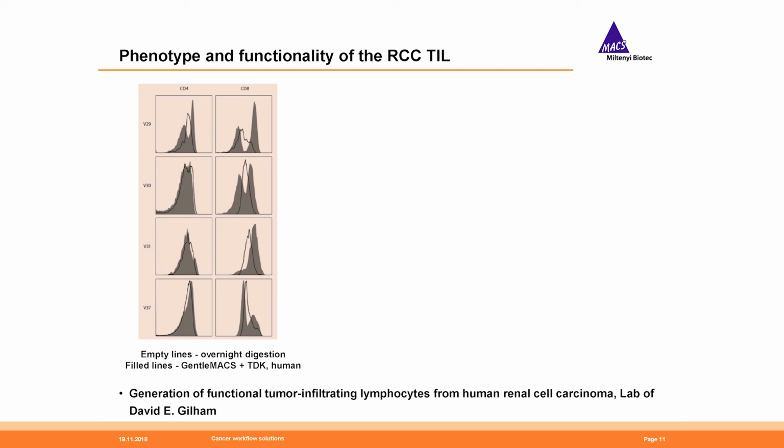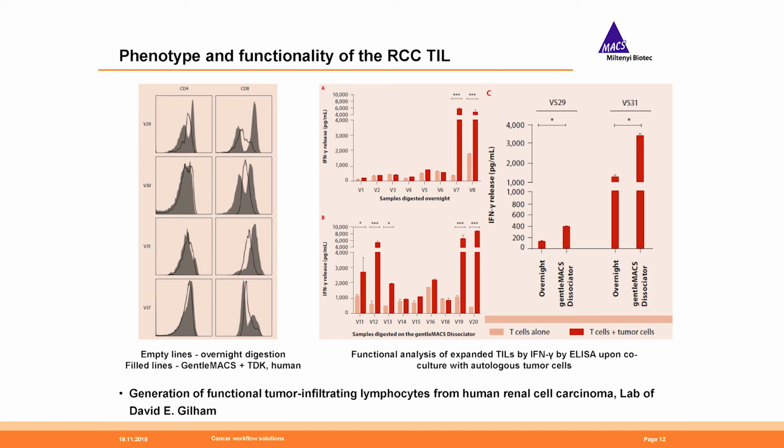Also, he took it a step further because he wanted to see, are my cells still functional once I dissociate with this gentleMACS? So are they still happy, basically? And what you see here, he was searching for TILs, and what he did was he tested for IFN gamma release, and this top row here shows when you digested overnight. So from all these patient samples, he only got 2 that actually showed some nice IFN gamma release.